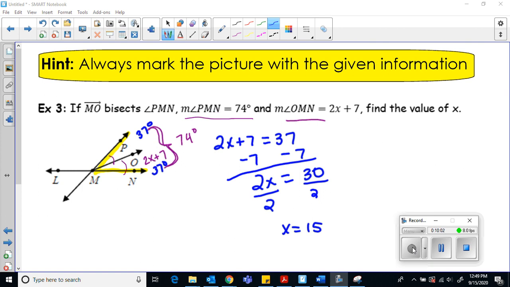Now we could also look at this another way. Instead of figuring out that each piece is equal to 37, if we know that angle OMN is 2x plus 7, then we also know that angle PMO is also 2x plus 7.